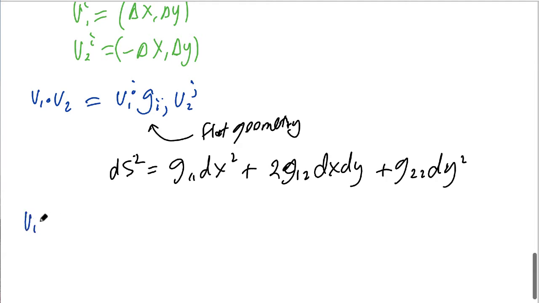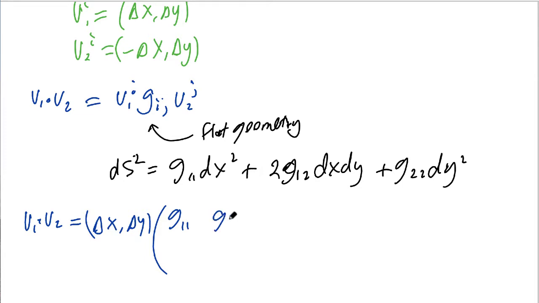v1 dot v2 is v1, which is delta x, comma, delta y. The metric is g11, g12, g12, g22, written as a matrix, and v2 is minus delta x, delta y.